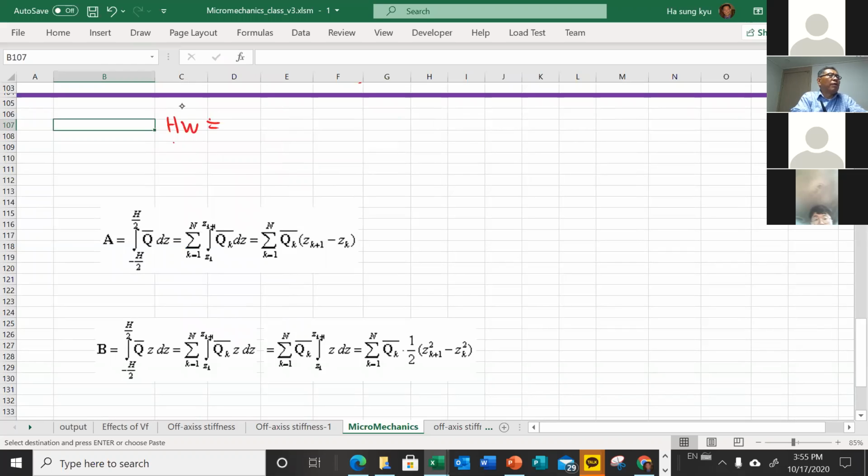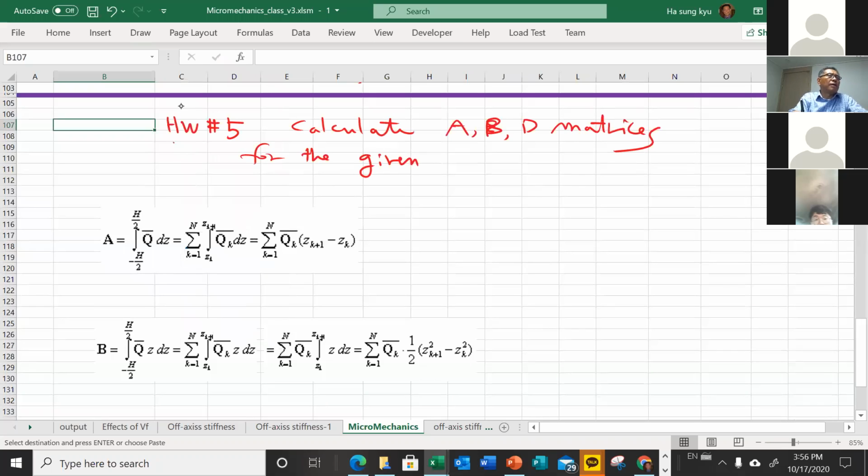Homework number 5 is to calculate the A, B, D matrices for the given layout.